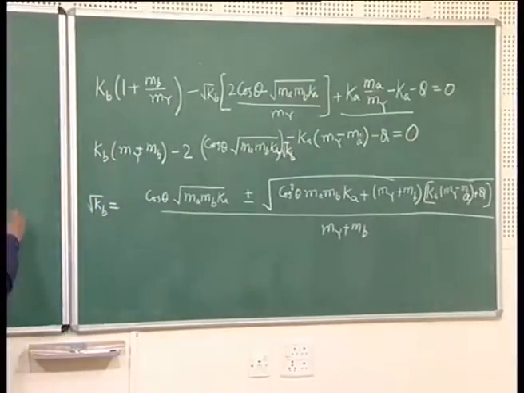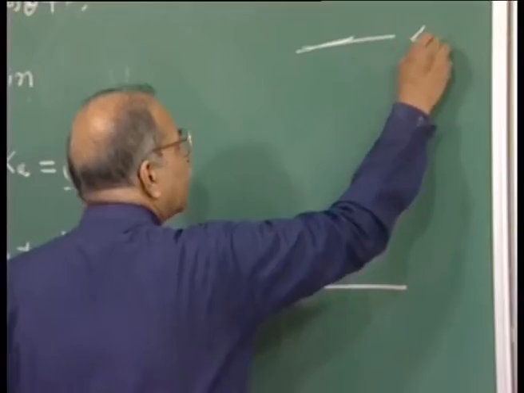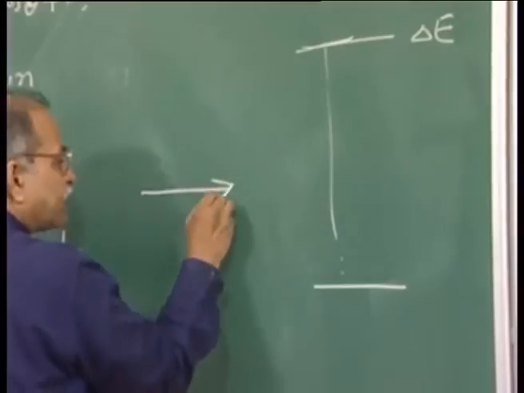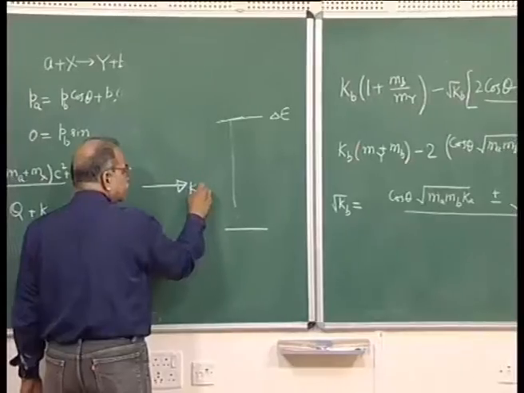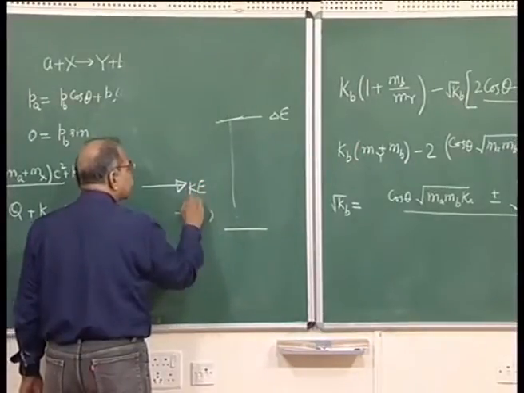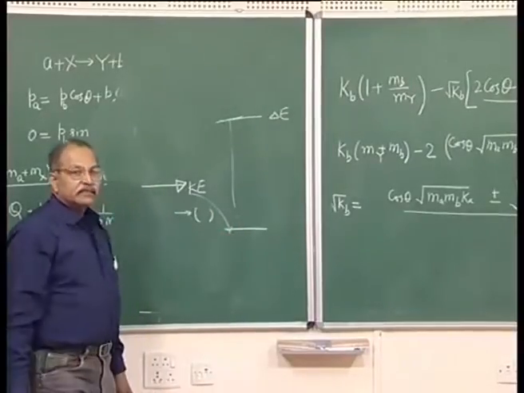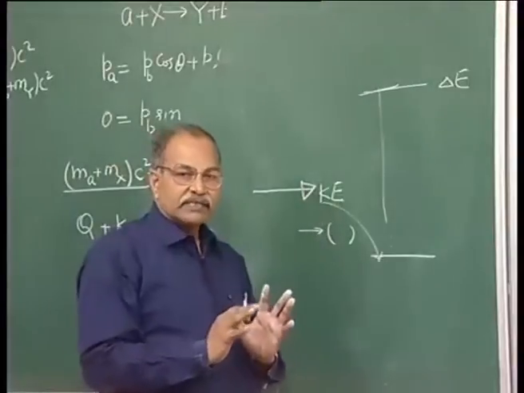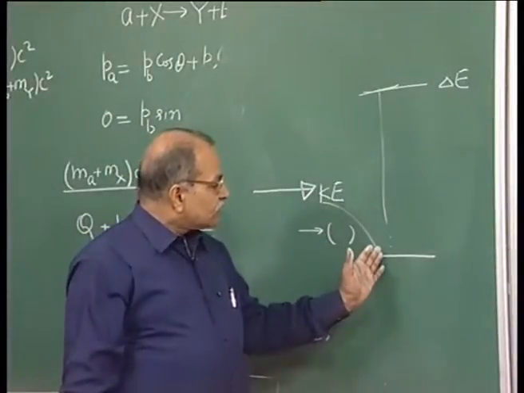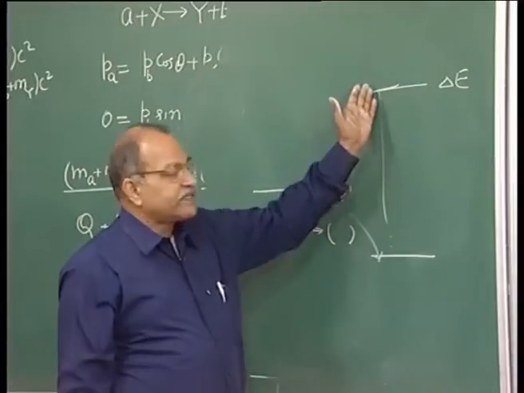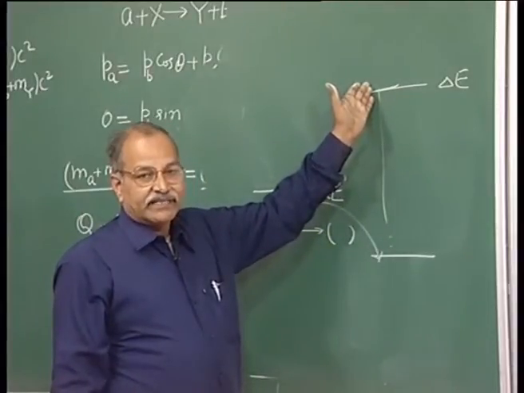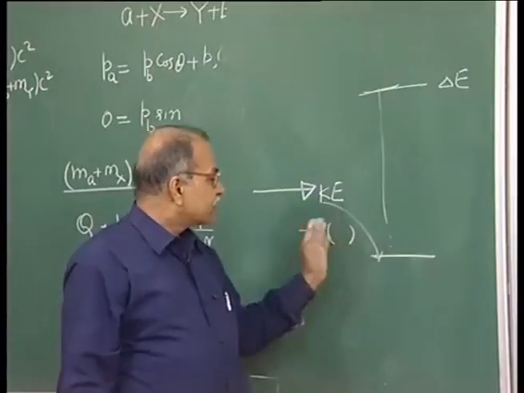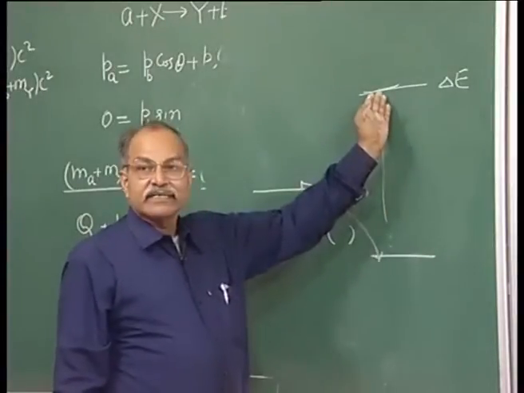So, if you have this final product here at this delta E state, and then you are sending the particle with certain kinetic energy, which allows a certain energy to be deposited here, keeping all that momentum conservation into consideration, then the reaction probability of this excitation depends on the matching of this energy available and this energy here.